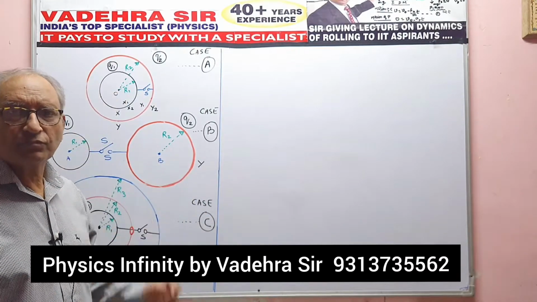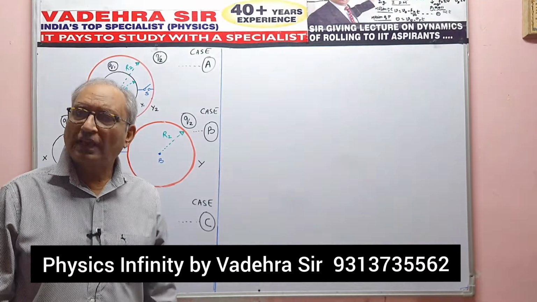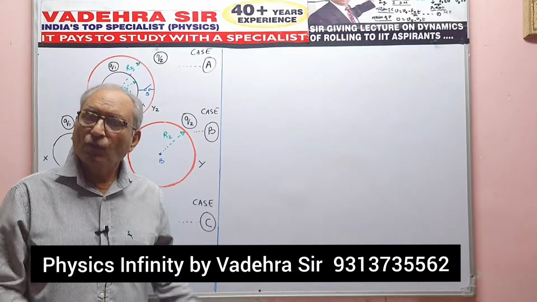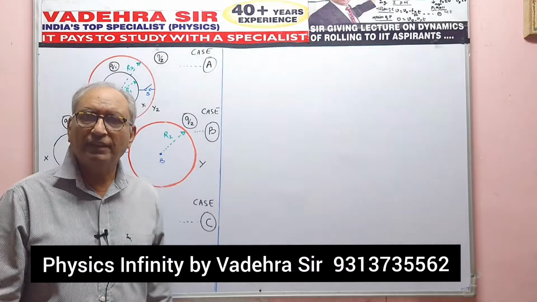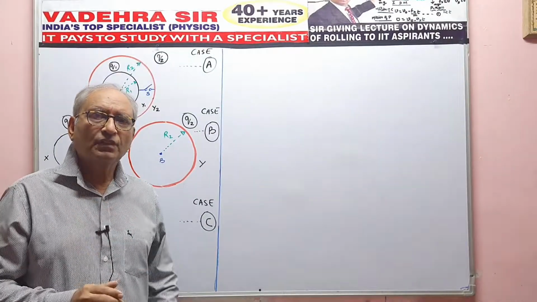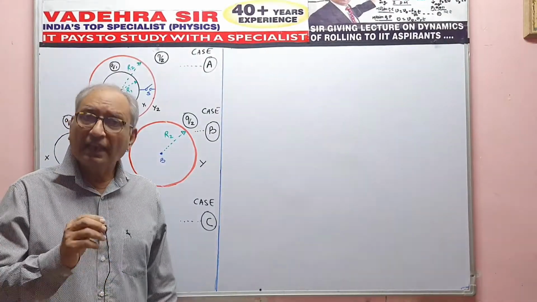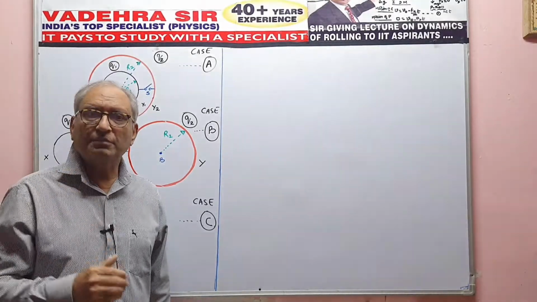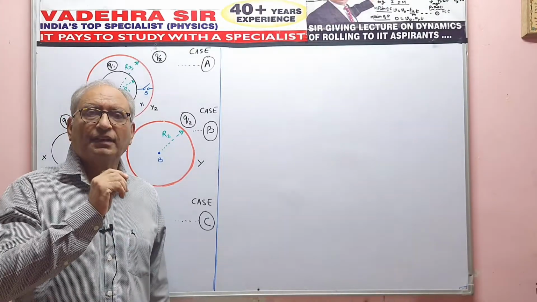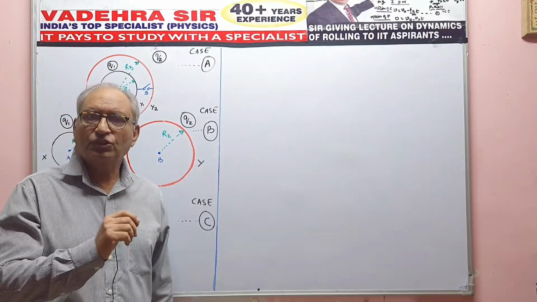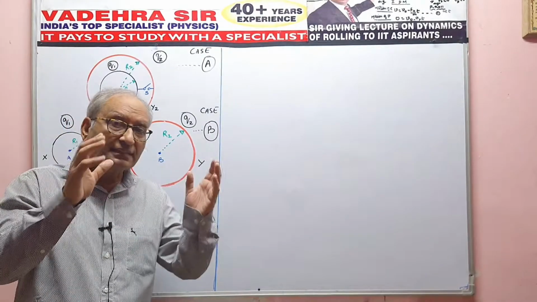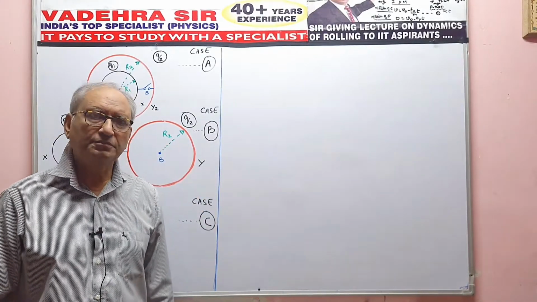I have already done lectures on charged spheres earlier, but this one is going to be a unique case where finally I am going to take the case of three concentric spheres X, Y, Z, radii R1, R2, R3, and then I charge them initially, and then I connect the inner sphere, that innermost sphere X, to the sphere Z through a hole in the sphere Y, and then see how the charges get distributed.